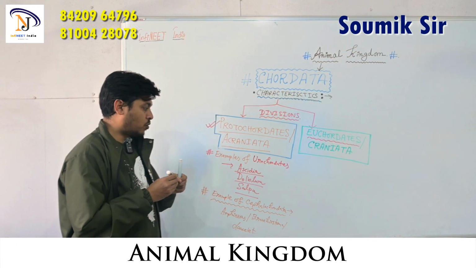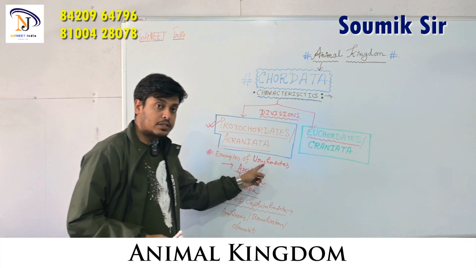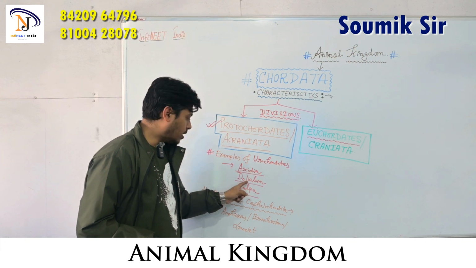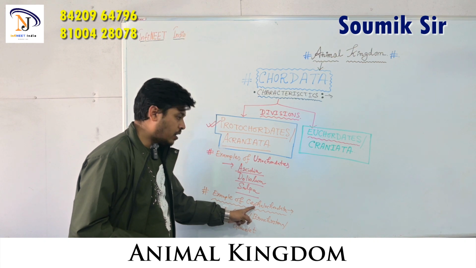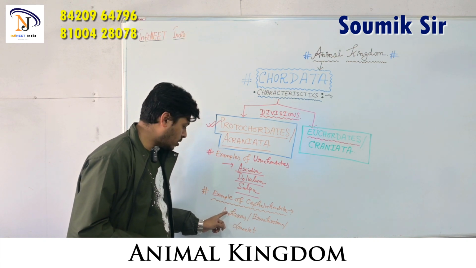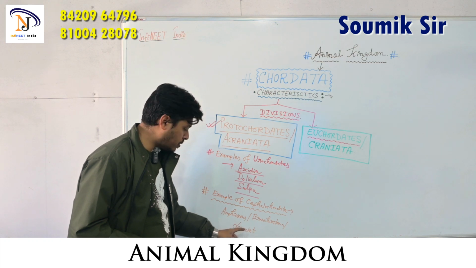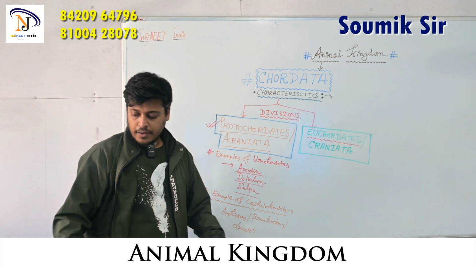The most important examples of urochordates are Ascidia, Doliolum, Salpa, and the example of cephalochordata according to the NCERT biology textbook is Amphioxus or Branchiostoma or lancelet.